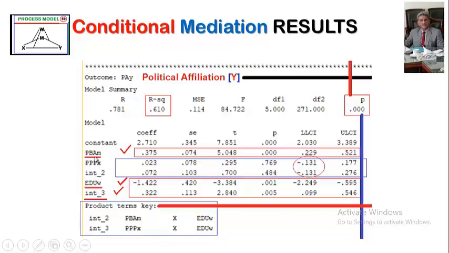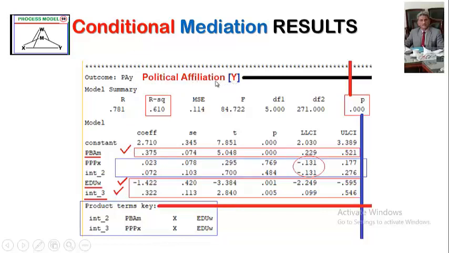So here are the X variable, the mediator, the moderator, and since the moderator is playing a role on all three paths, there are two more interaction terms, interaction term 2 and interaction term 3. Interaction term 1 has already been used in the previous processing. So 5 variables are predicting political affiliation.